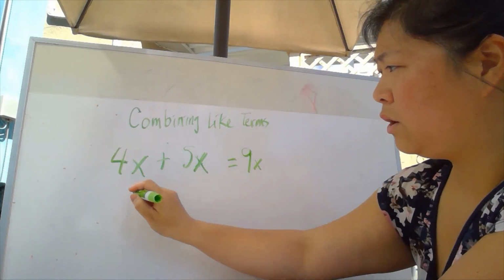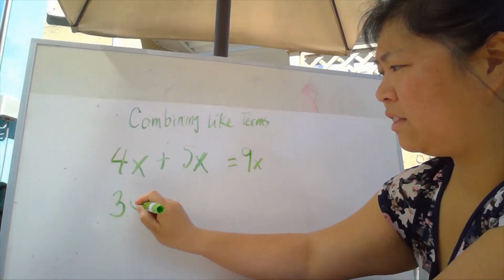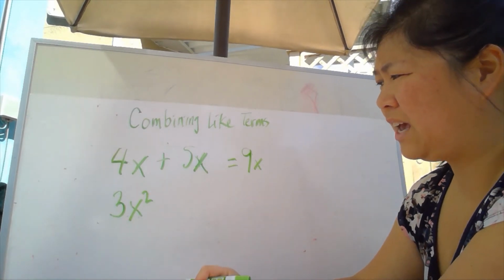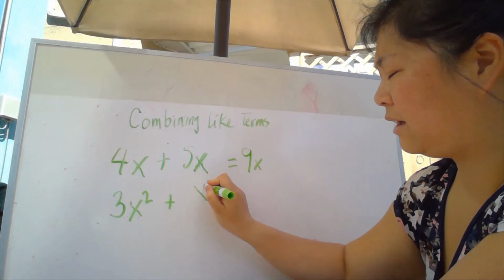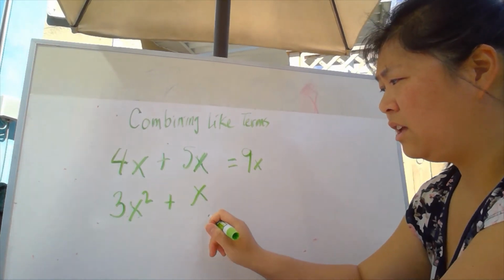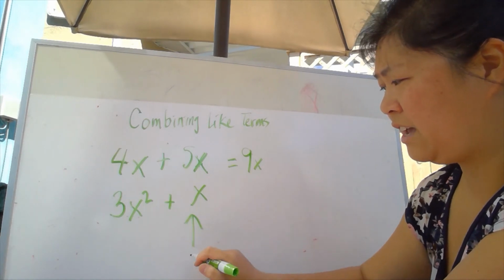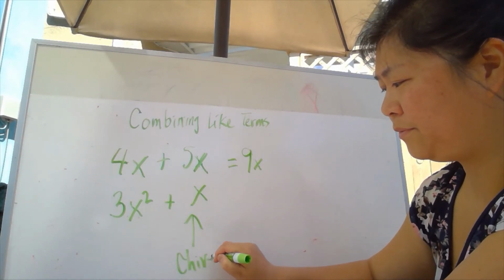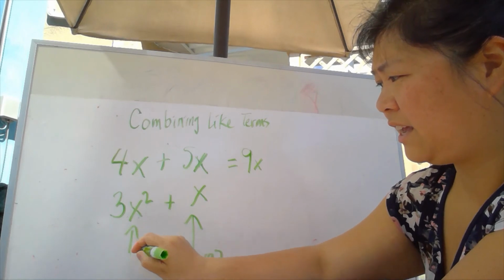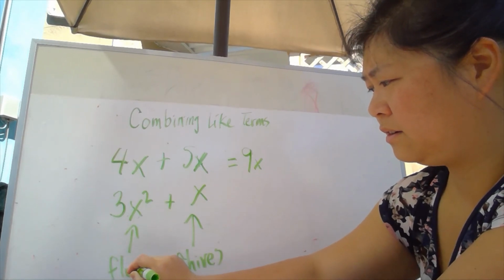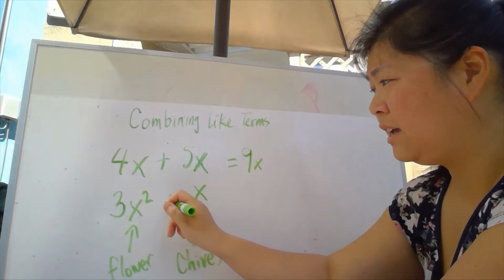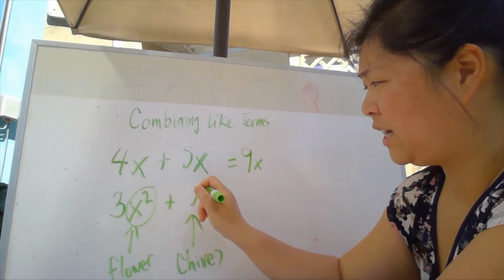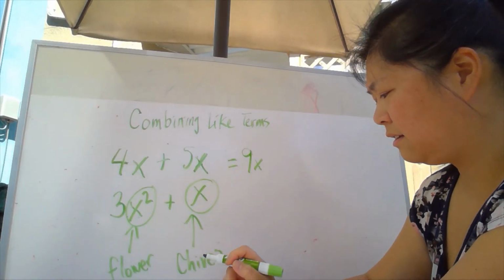When you see something like 3x squared plus x, this is like chives, and this is like the flower. They are not the same, because this here is very different than this.